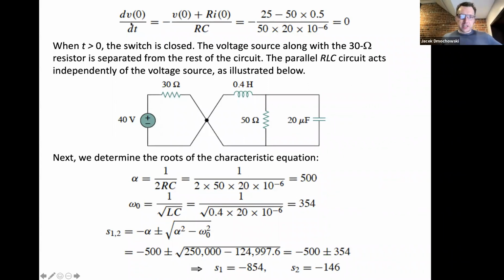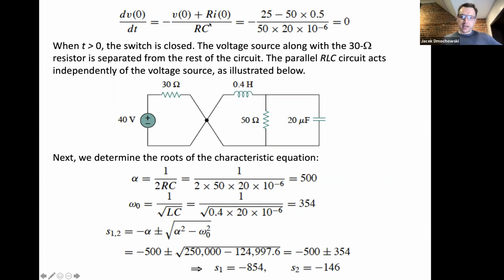The last bit of initial conditions, though, that I forgot to talk about is the initial derivative of the voltage. So remember how we derived an expression for the initial value of V prime as a function of V naught and I naught. So we simply plug in our numbers. Remember, the R here is the R in the RLC circuit, which is 50. The C is 20 microfarads, and the L is 0.4 Henry.